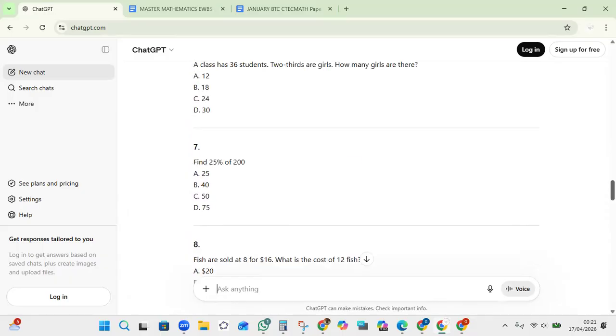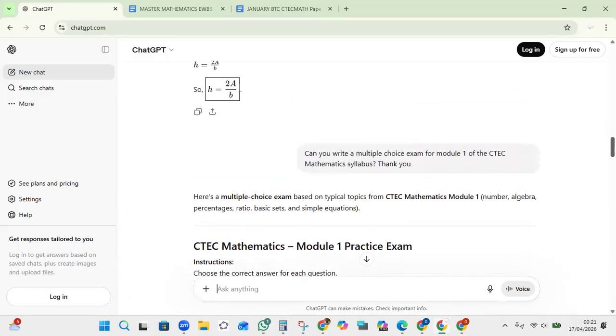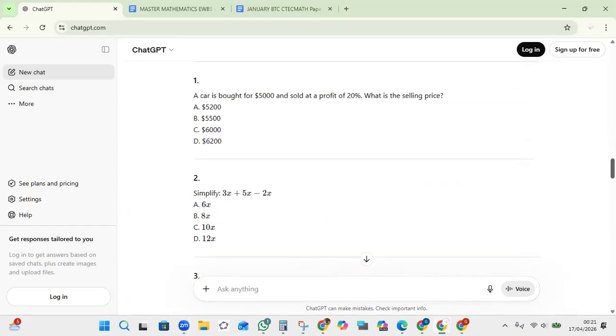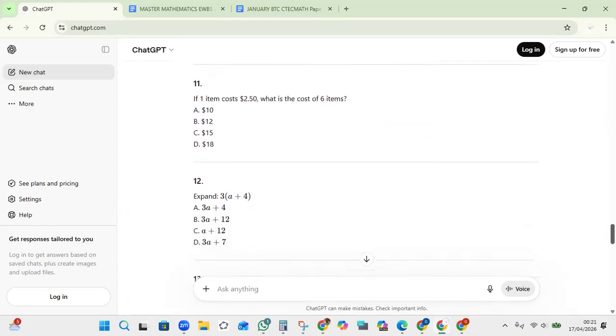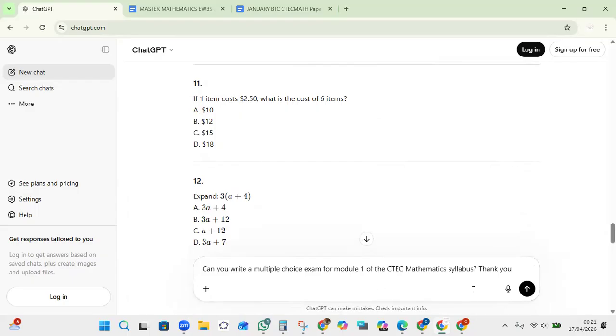Okay, so for example, let us ask it for one with 30 questions, including introduction to graphs, because introduction to graphs is a topic in module 1.